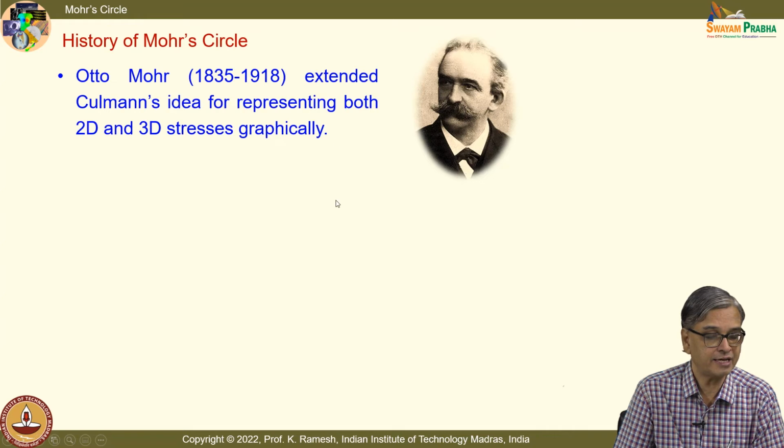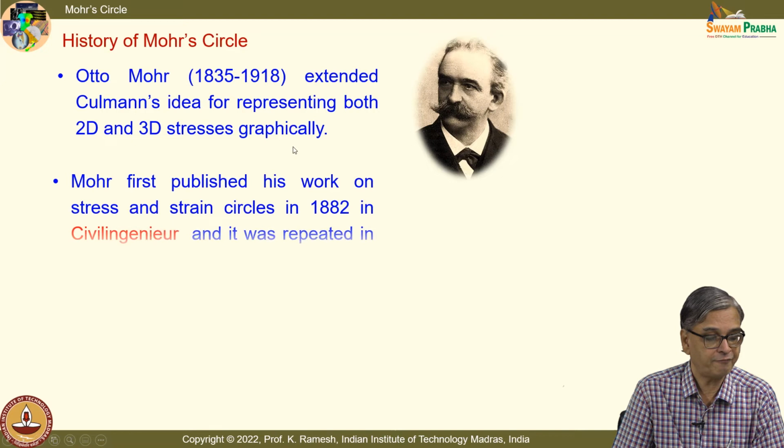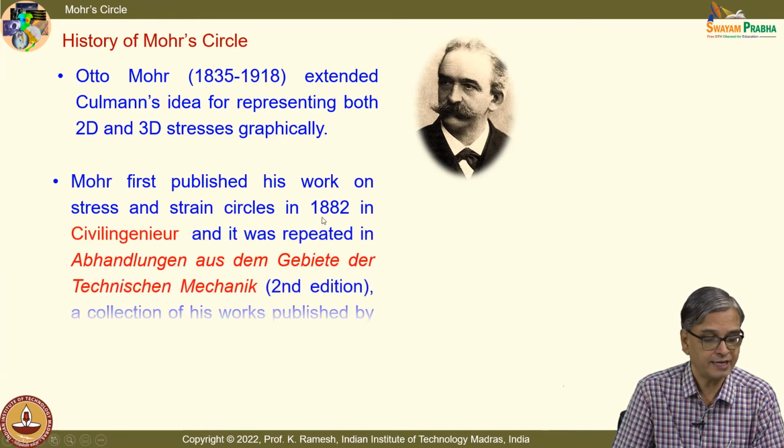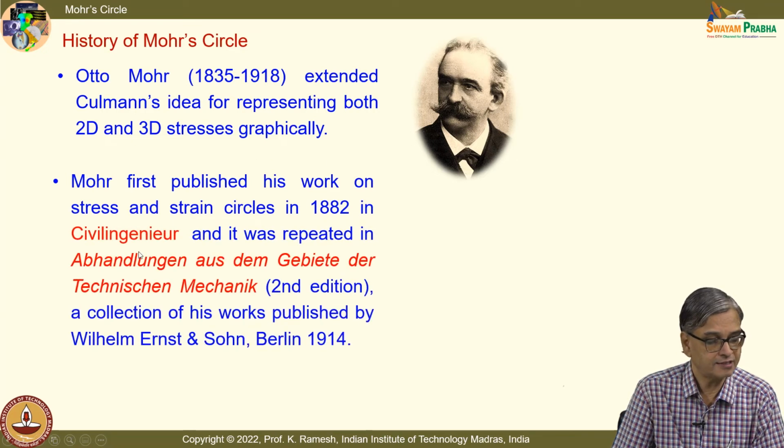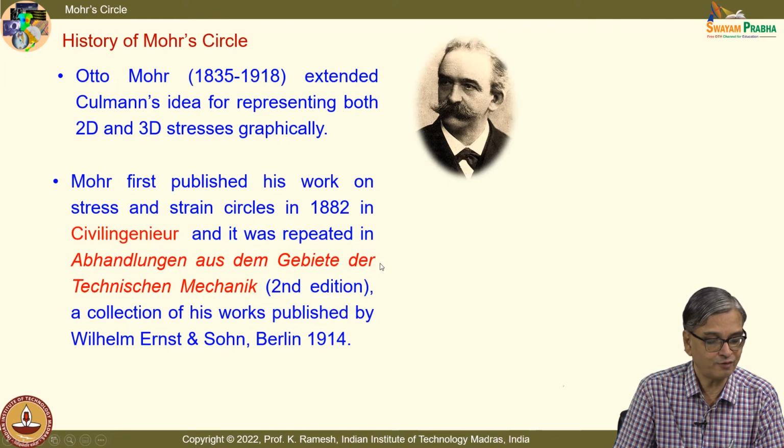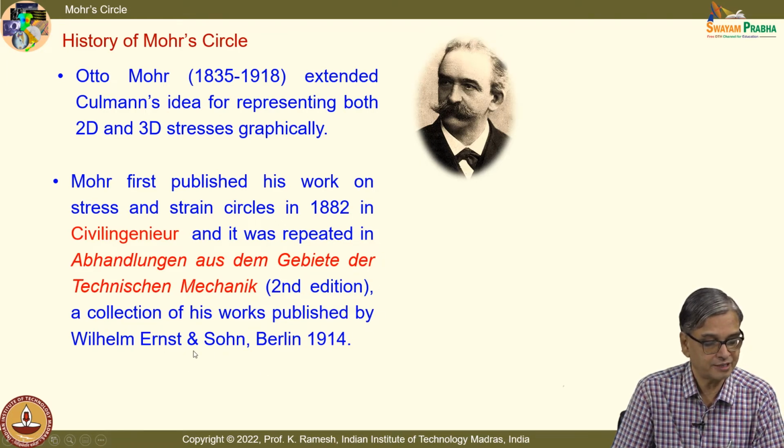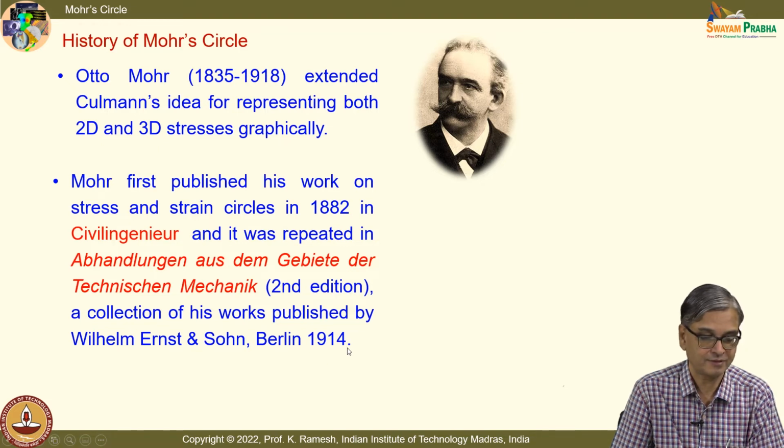It was done by Otto Mohr. He published his work in 1882 in Civil Engineer, and I think it is a German title of the book. It is a collection of works published in 1914.